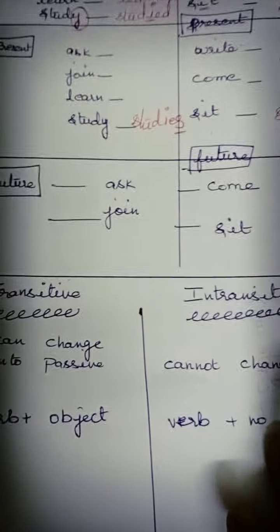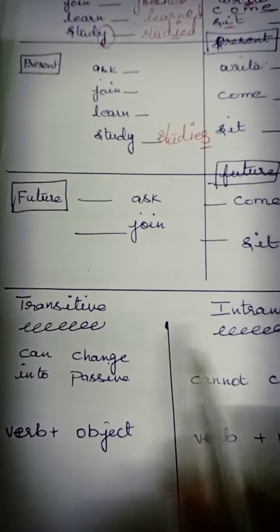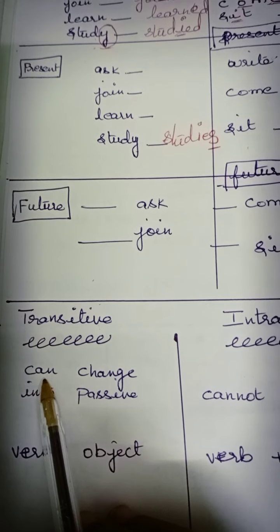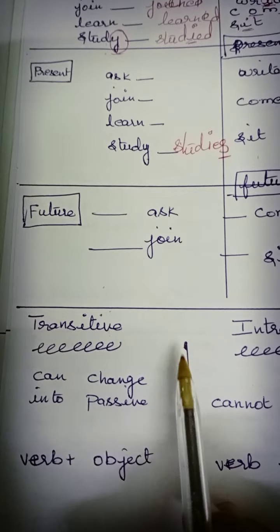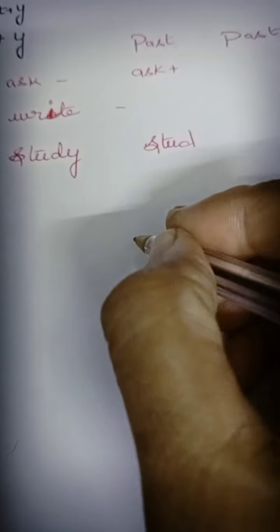Transitive and intransitive. What is transitive? Nothing, ma'am. A transitive verb can be changed into passive, from active to passive. For example, let me write and show. I wrote a letter.